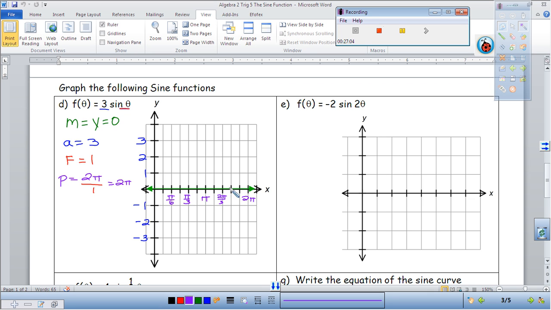I'm going to erase this. I'm not doing it well. I'll break it up. Let's get pi over 2 in here. So we're doing halfway between this, and then we'll do 3 pi over 2.